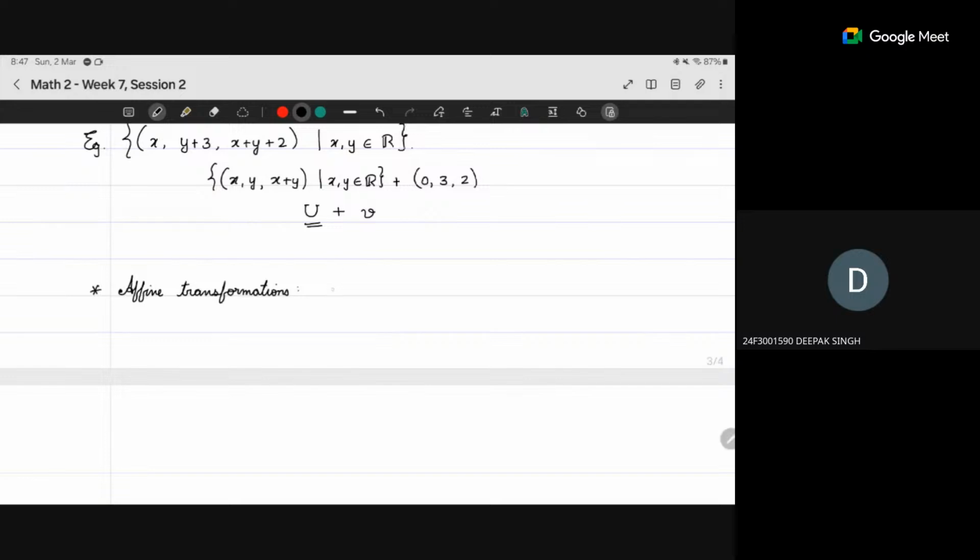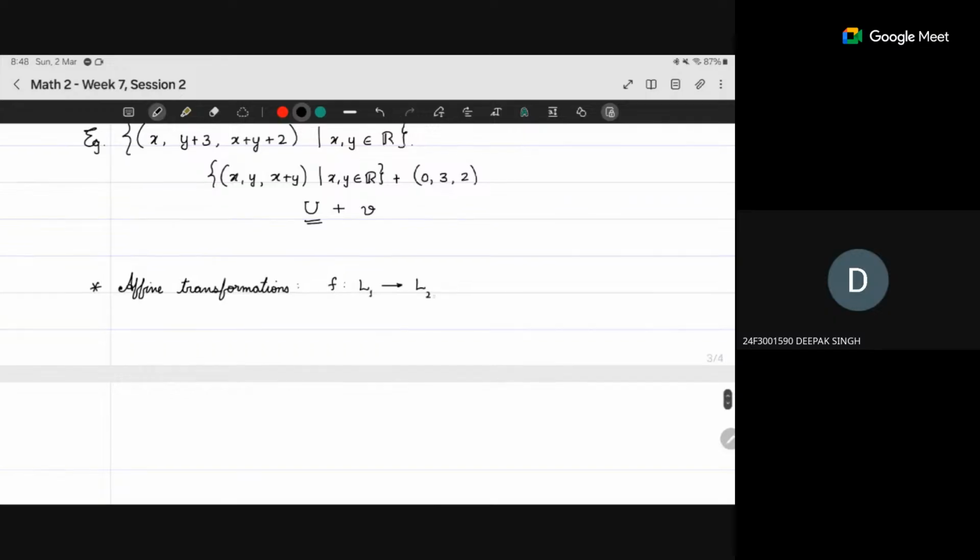So what would an affine transformation be? It should be a map from an affine subspace to another affine subspace. Let me call them L1, L2. Now, what is L1? It's an affine subspace. So there is a v and there is a U1.